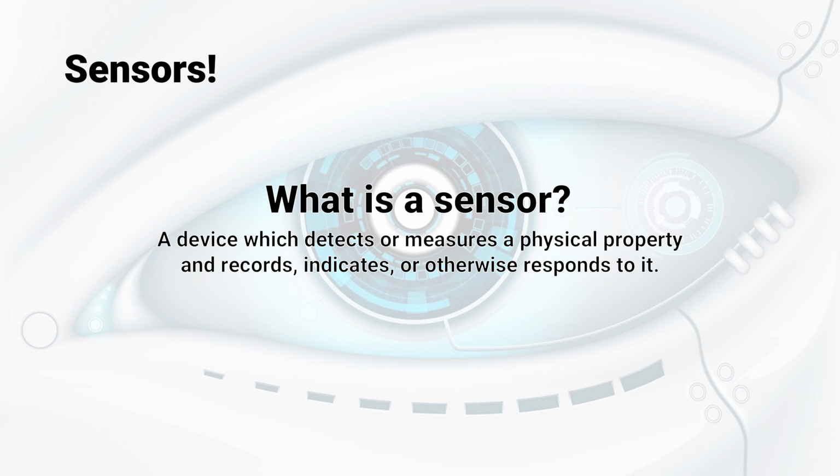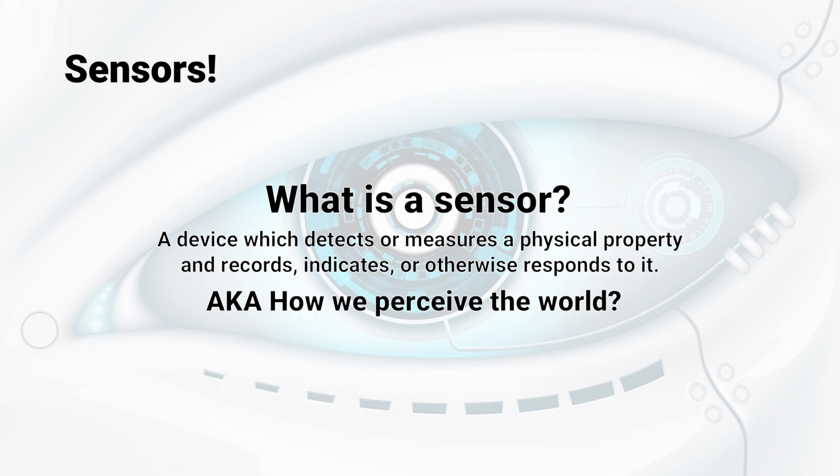Remember that a sensor is defined around a physical entity because the robot has to respond to the things in the environment, for which we need to understand what the environment is doing and what is the state of my agent or my robot in this environment, which involves these physical properties and physical quantities, right? So in other words, vaguely put, it's essentially how we perceive the world, right?